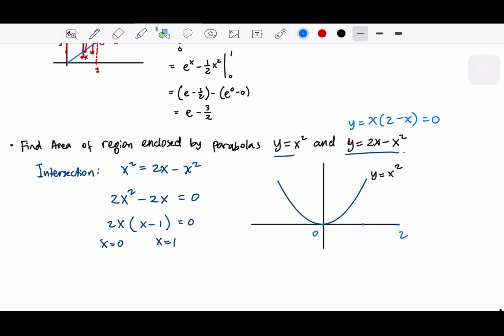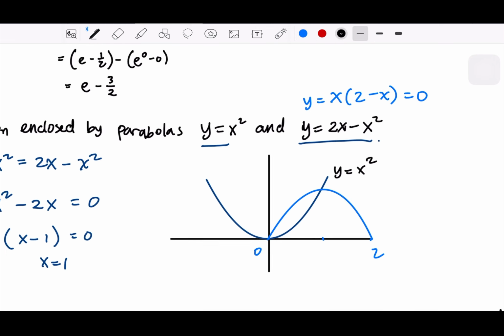So probably it's going to be around here. It doesn't need to be really precise, as long as it's representative for the question. So this is the area between the curves.